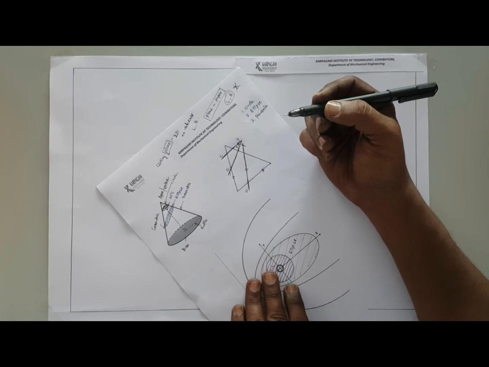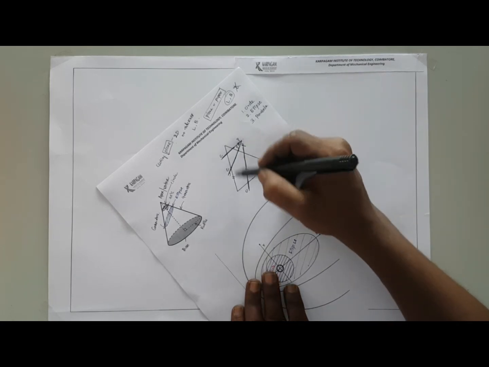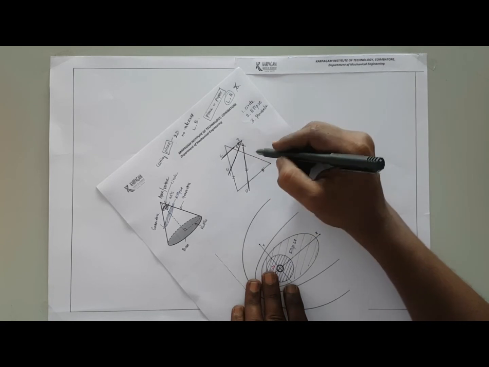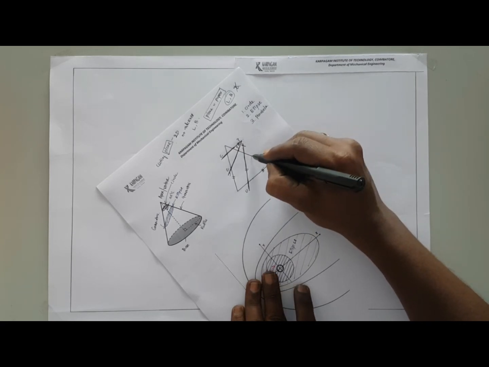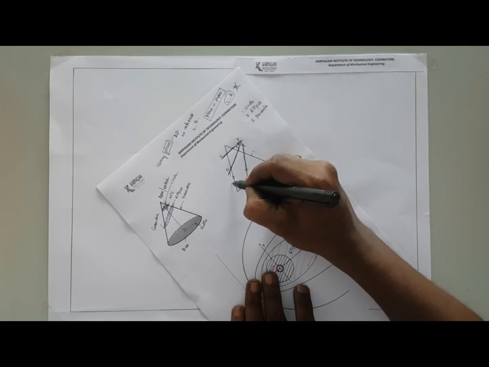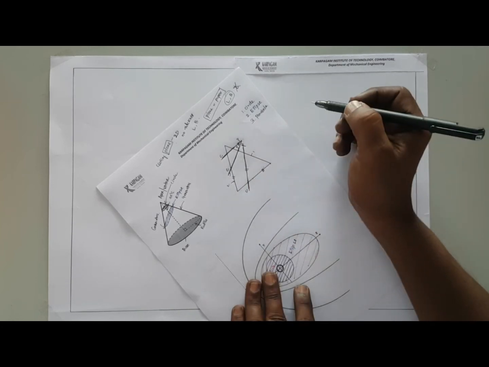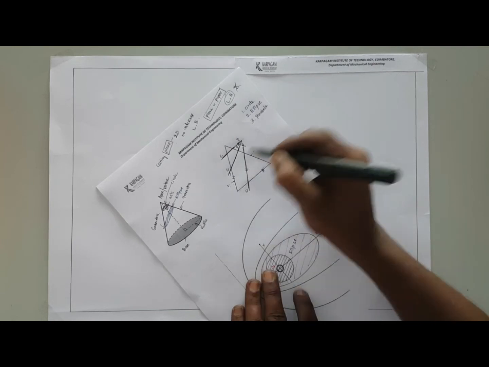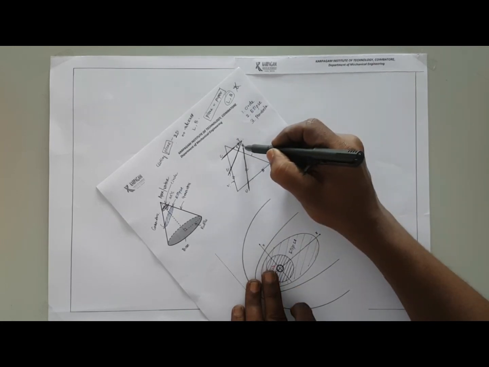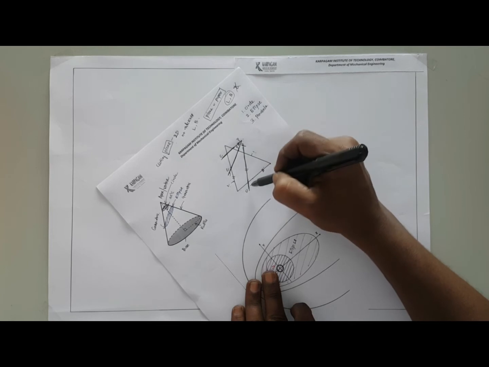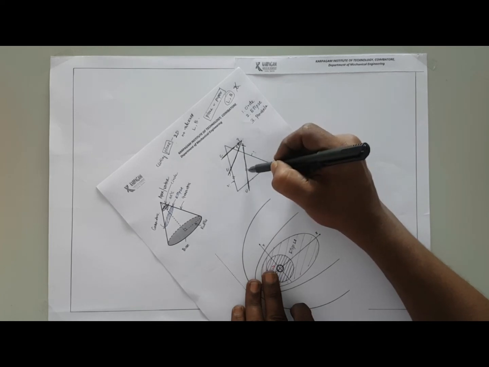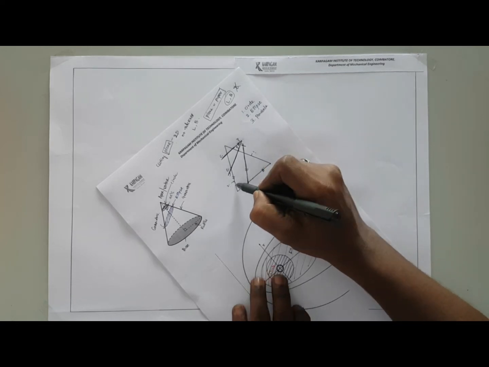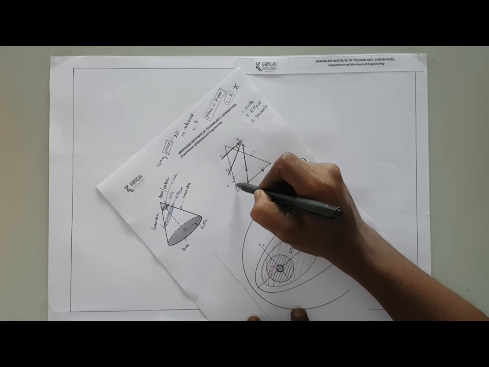In this representation of the cone, we have two generators. This is one generator, and the opposite one is also another generator. Consider this is the first generator and this is the second generator. My section plane or cutting plane is cutting the cone, and the condition is that my cutting plane is parallel to the second generator.